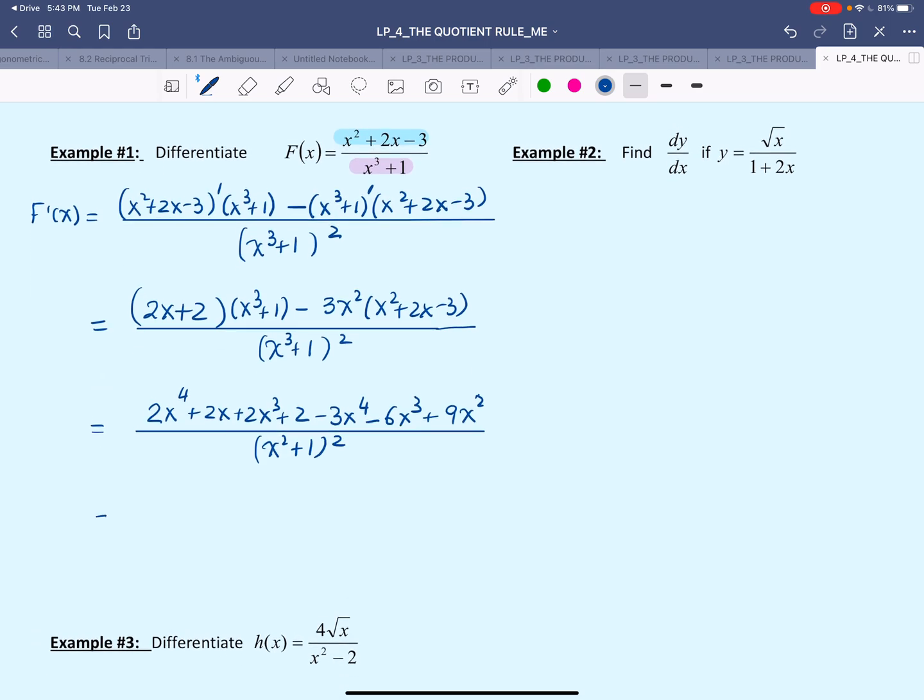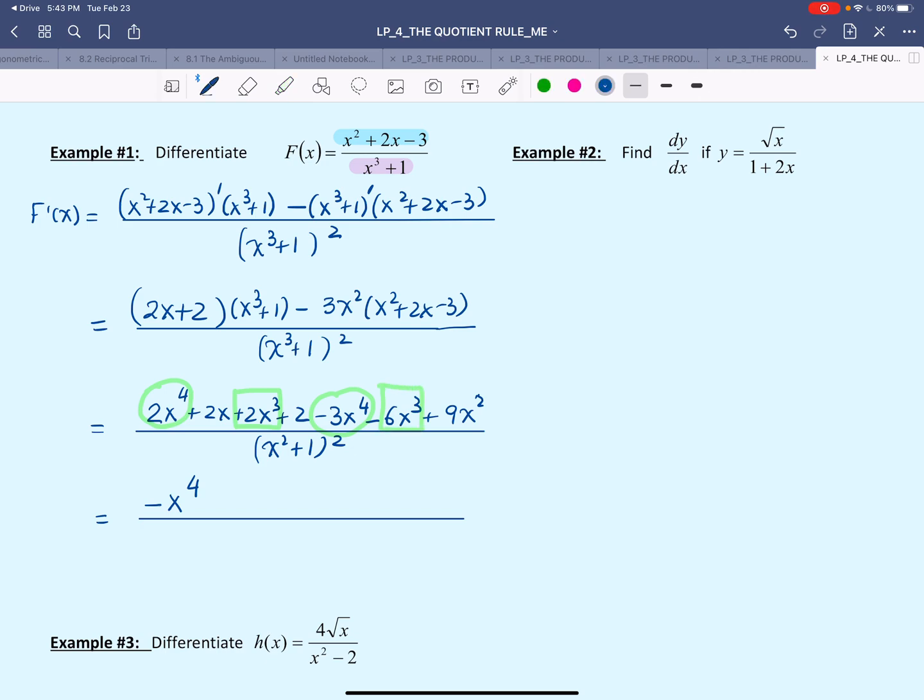So again, we have like terms in here that we are about to group. So 2x to the 4 and negative 3x to the 4, that will give negative x to the power of 4. Let's look at the x cubes. For x cubes, we have a 2x to the power of 3 and a negative 6x to the power of 3.